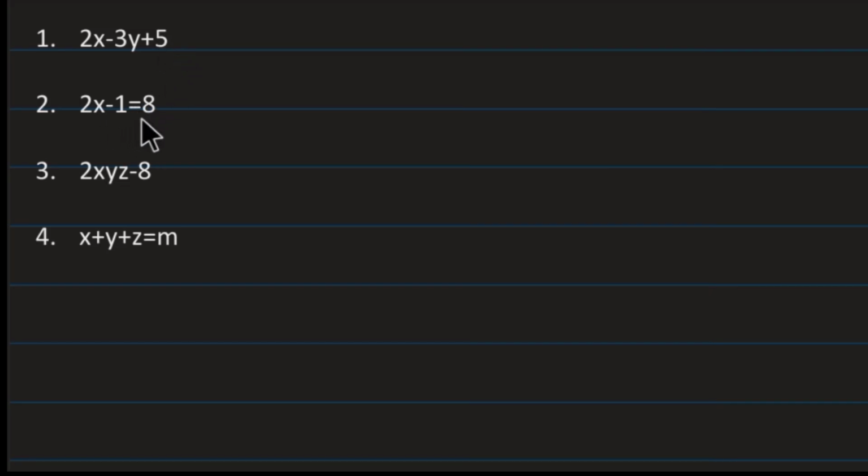The second statement is an equation because it has an equality symbol. The third again is an algebraic expression, while the fourth is an equation since it contains an equality symbol. So this is how we can differentiate between an algebraic expression and an equation.